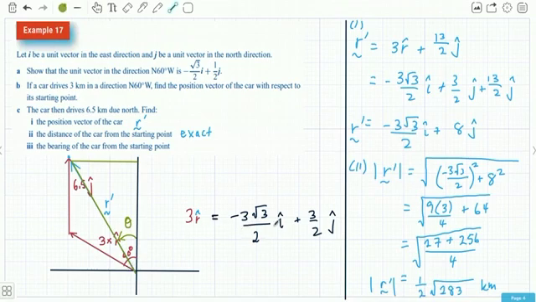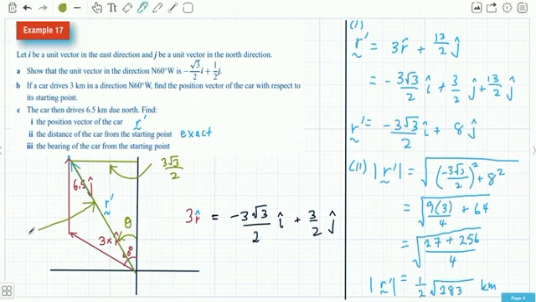So this length here is actually 3 root 3 over 2, because that's the i component going across here for 3r, and we know this length here, and I'll just do this on this side, is the magnitude that we just found. Okay, so we know that too.